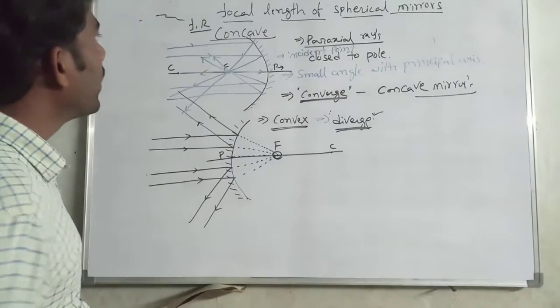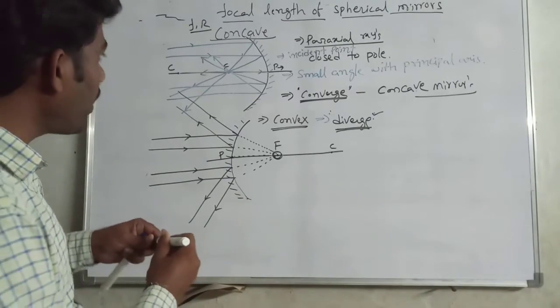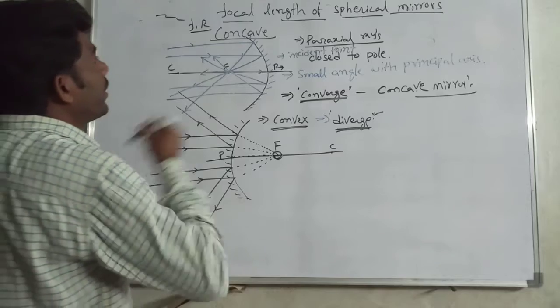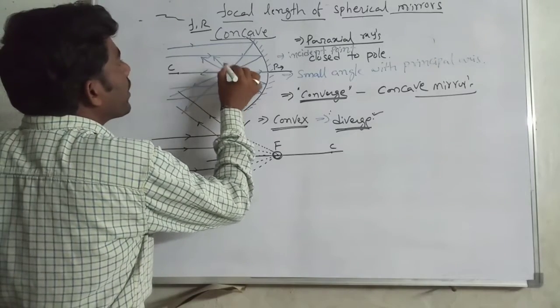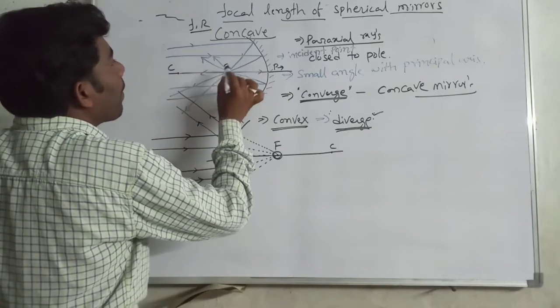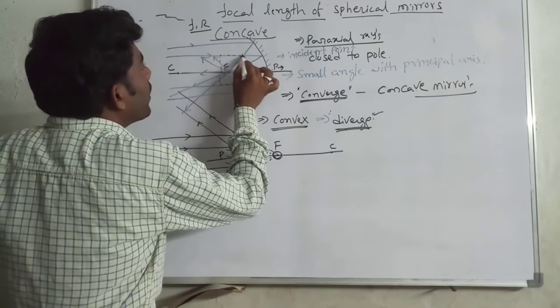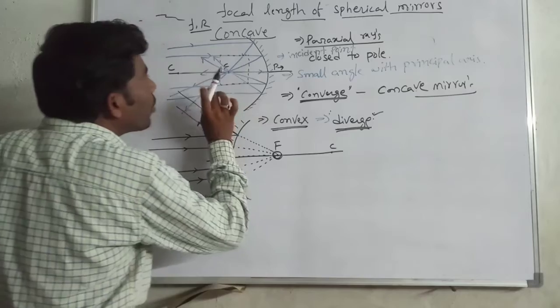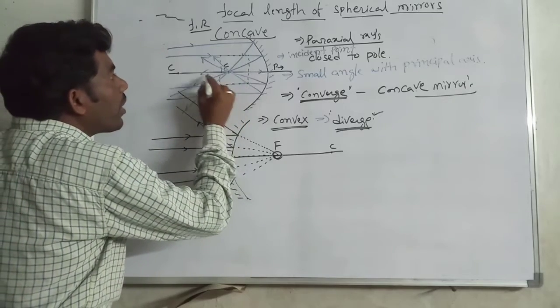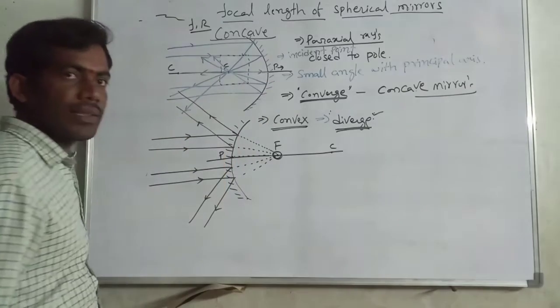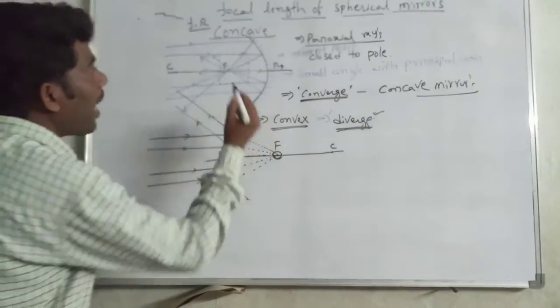And then see, through this point F we take a plane. This plane is perpendicular to the principal axis.